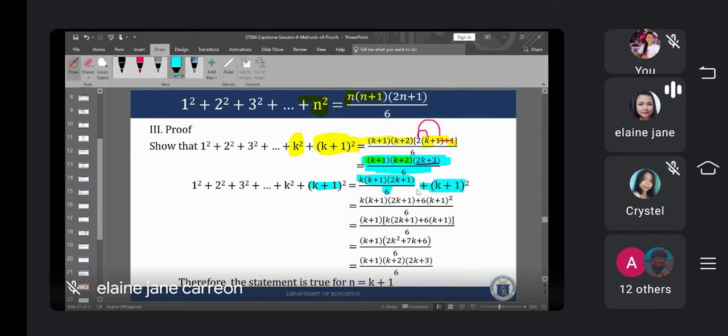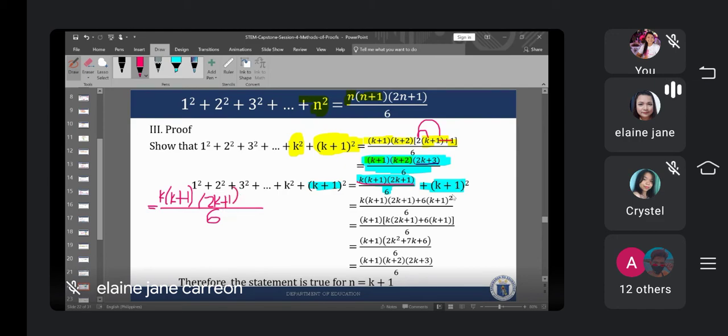Next, gawin natin isang fraction. Equals, si 6 ang ating denominator. And then, of course, 6 divided by 6 is 1. We get this one. K times the quantity k plus 1 times 2k plus 1.